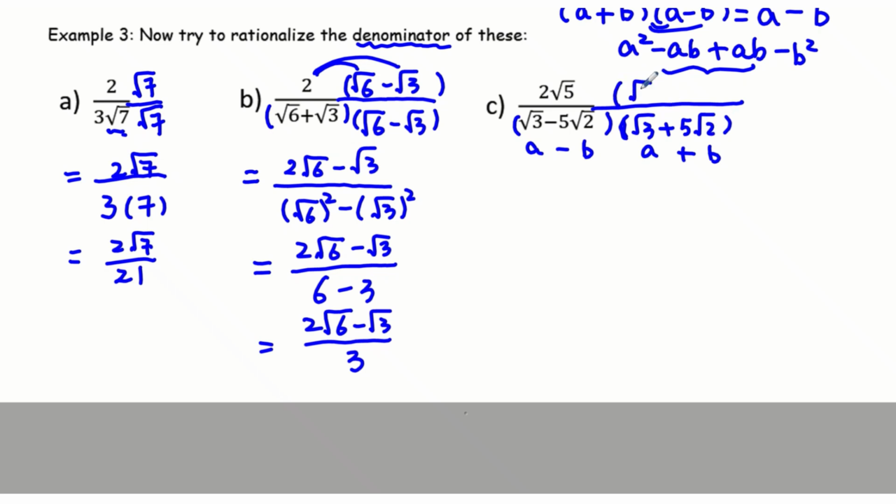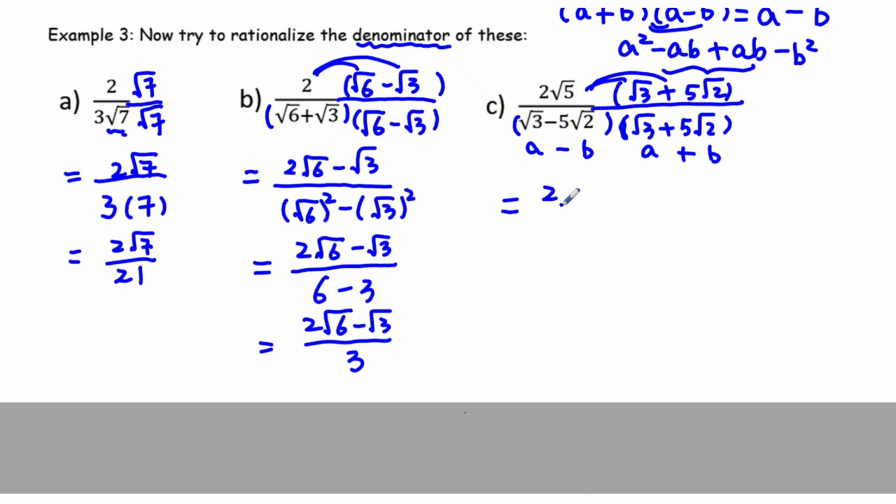Remember, you need to times the same thing to the numerator, then it cancels out to 1, so it's equivalent to the original expression. Then after that, monomial times binomial, so this times each term.